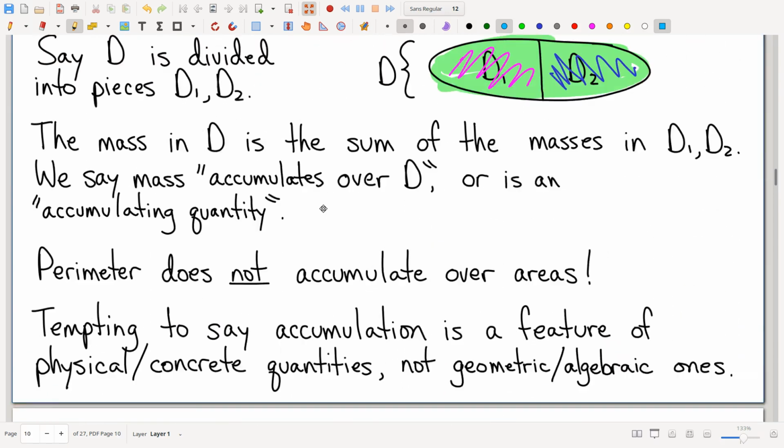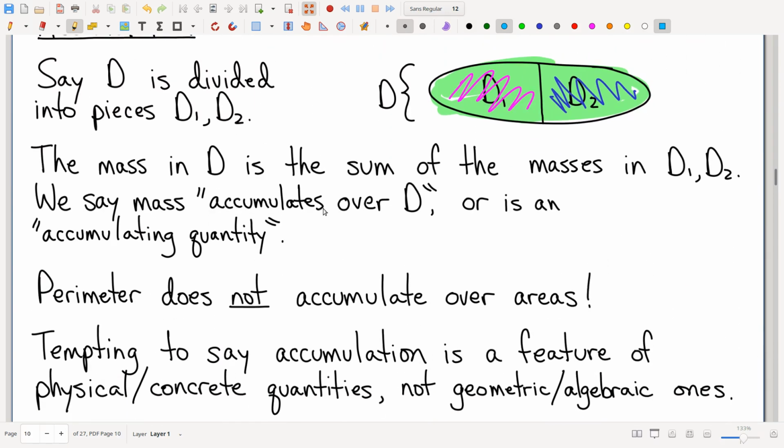recall that what we're talking about is quantities that are accumulating over areas, right? So when I say that some quantity, whatever it is, accumulates over areas, what I mean is if you have a whole area, such as in green, and then if you cut it in half, let's say, and you look at this purple side and the blue side, the point is those are areas.